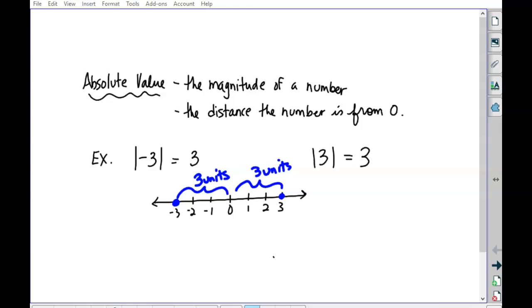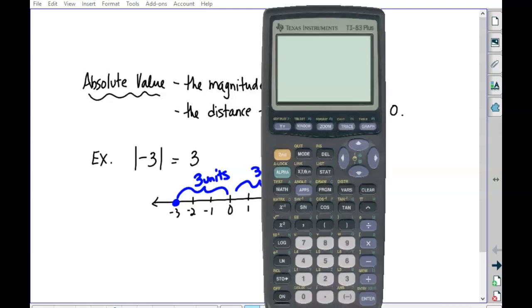If you have a calculator, there's absolute value in it. This is an older version calculator, but go to math, go to num, and the very first one, ABS. Use your abs when you're taking absolute value.